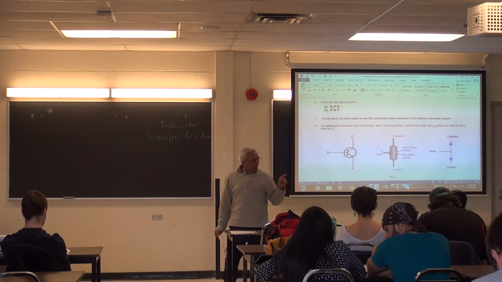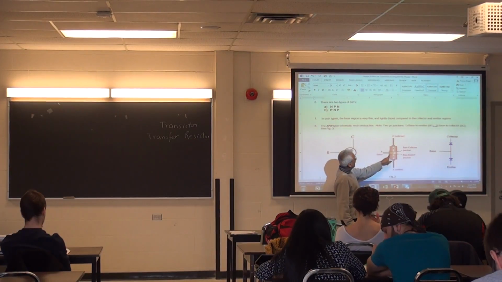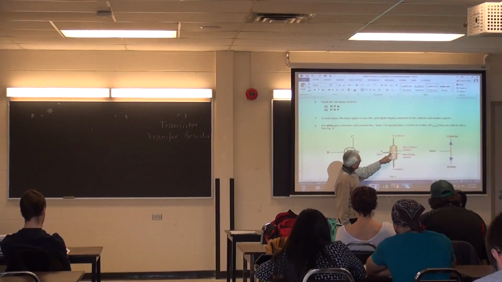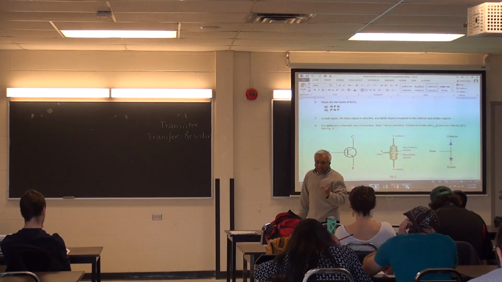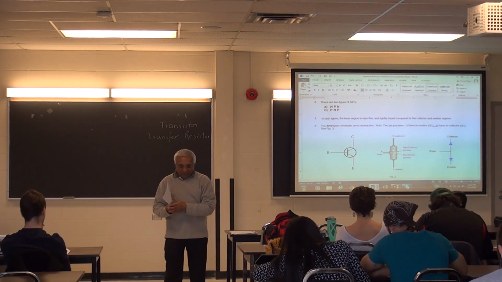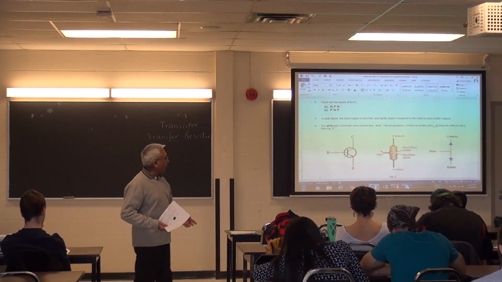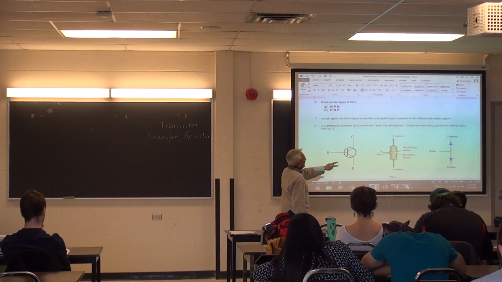So, if you look carefully at it, there are two junctions. There's the base to collector junction, right here, PN, and there's the base to emitter junction, another PN. So it's like the diode, where we have the P-type and the N-type, and you bring them together, and you have a PN junction. That's what a diode is. And here we have two PN junctions.